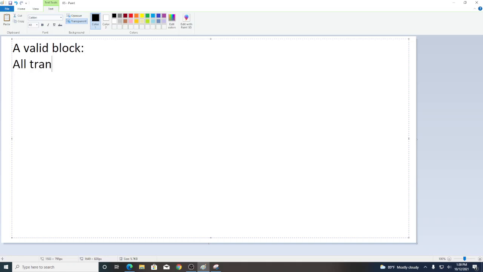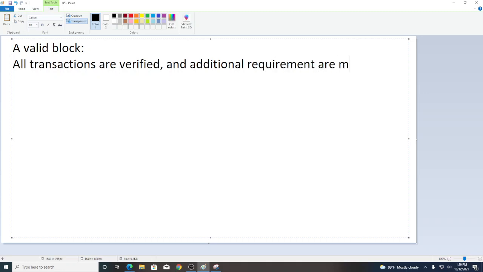All transactions are verified and additional requirements are met, right? So what are the additional requirements? For example, a requirement of number of zeros in the front of the hash, of the block hash.